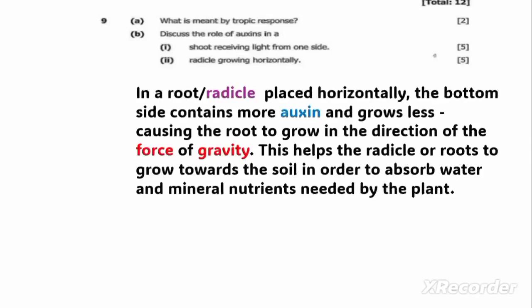So therefore we are going to say, in a root radicle placed horizontally, the bottom side contains more auxins and grows less, causing the root to grow in the direction of the force of gravity. This helps the radicle and roots to grow towards the soil in order to absorb water and mineral salts and mineral nutrients needed by the plant.